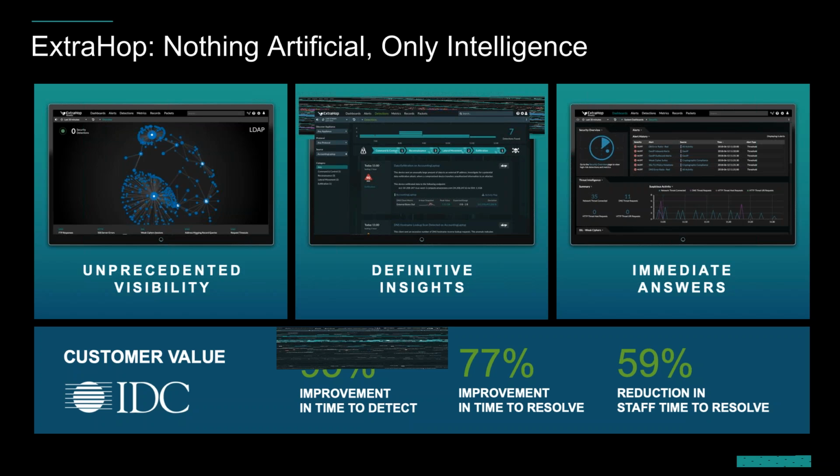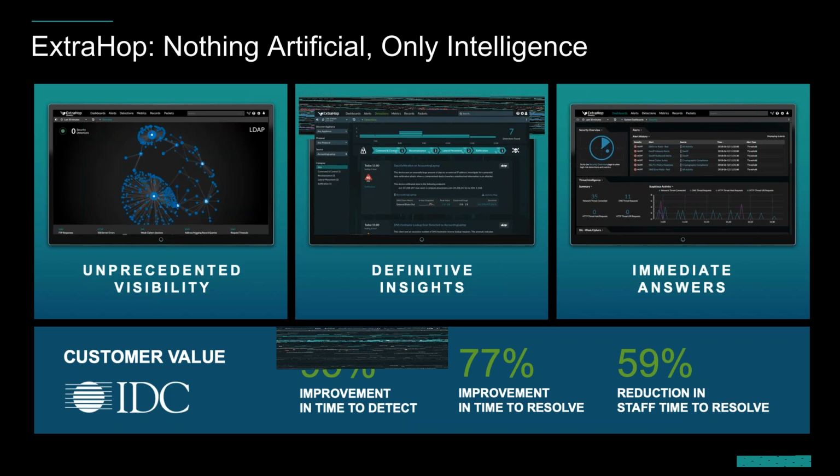So we baseline the network over time. We get to understand who talks to who. Typically, what are workstations, what are servers, what are a group of web services sitting behind a load balancer. We automatically analyze this traffic. And as soon as something changes, something new happens, something novel, something that we've never seen before, or something starts to perform slowly, we're able to alert you to that and allow you to get immediate answers.